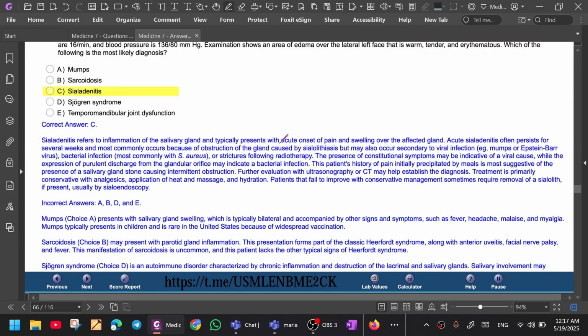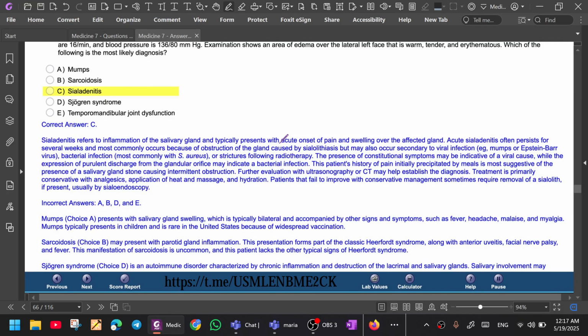Sialadenitis refers to inflammation of the salivary gland and typically presents with acute onset pain and swelling over the affected gland.